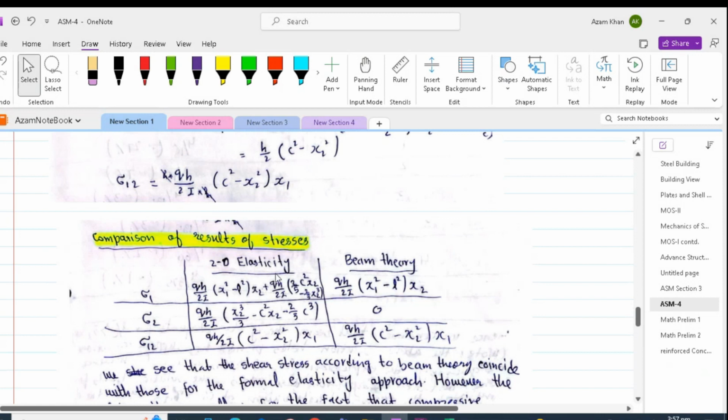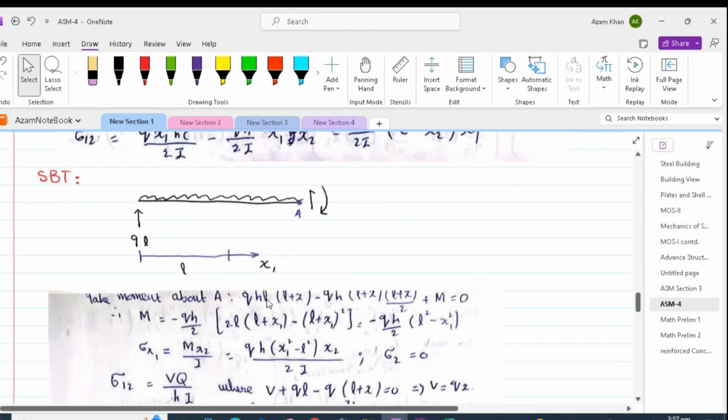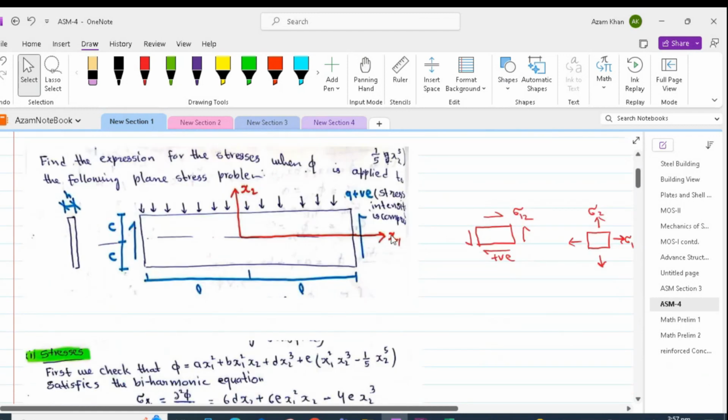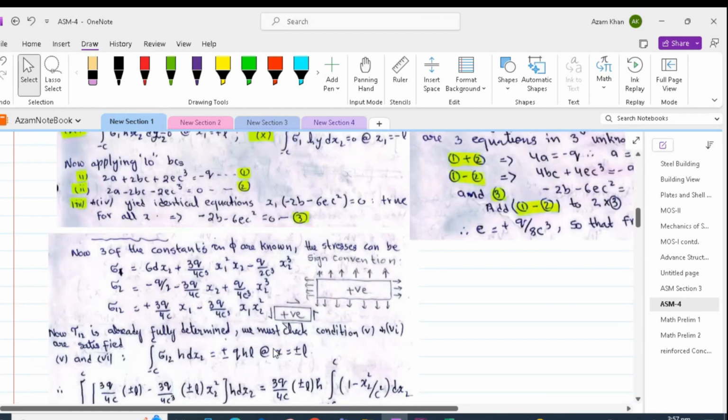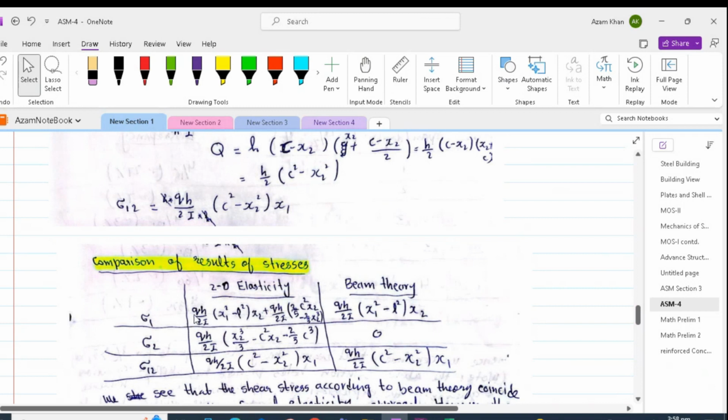Thus, comparing the 2D elasticity results with beam theory in a tabulated manner, we can see that sigma 1, which is the axial stress in x1 direction, in 2D elasticity, is equal to qh by 2I (x1 square minus L square) times x2 plus another term, which is qh by 2I (2 by 5 c square x2 minus 2 by 3 x2 cube).